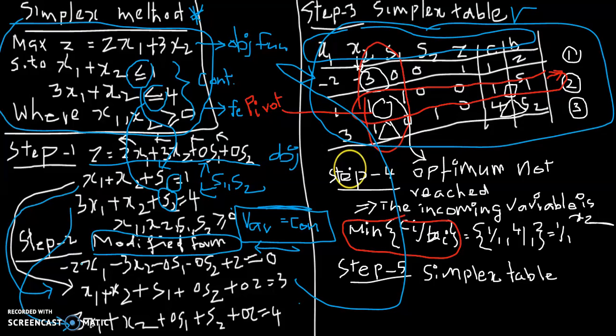The coefficients of x1 are minus 2, 1, 3. The x2 coefficients are minus 3, 1, 1.